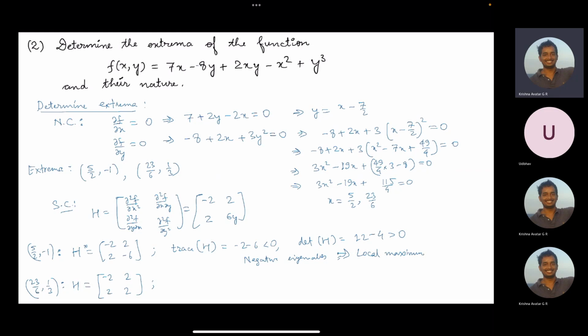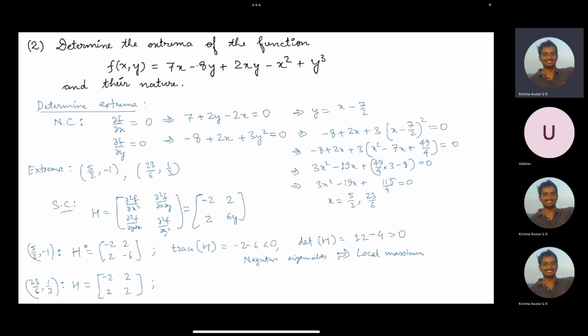Then we expand it term by term, and finally we collate coefficients of all the terms in x squared, x, and the constant to get the equation shown here. This is a quadratic equation in x, and it should have two roots. Using the standard quadratic formula, we have x equal to 5 by 2 and 23 by 6.